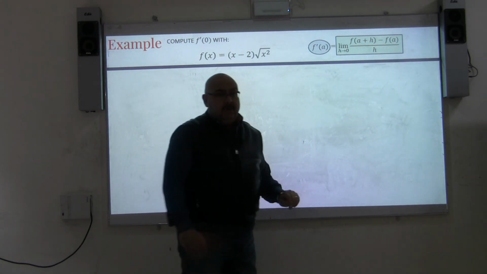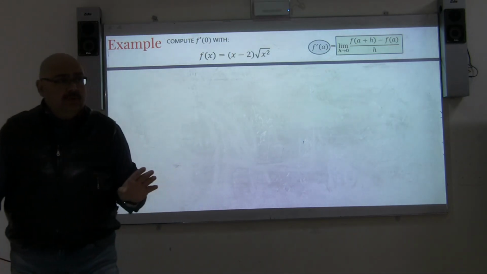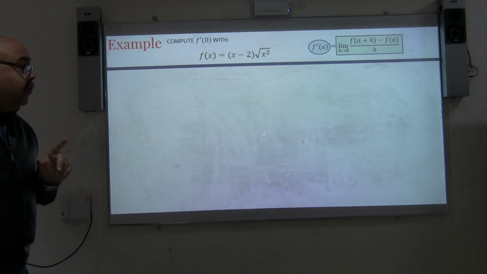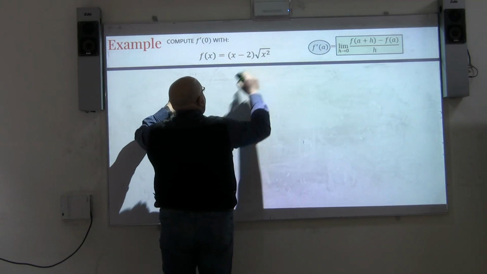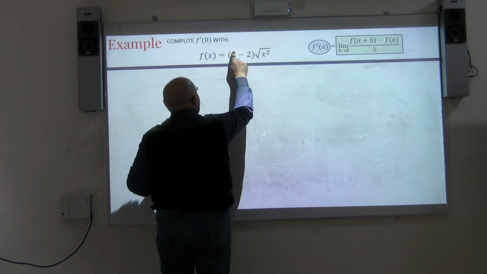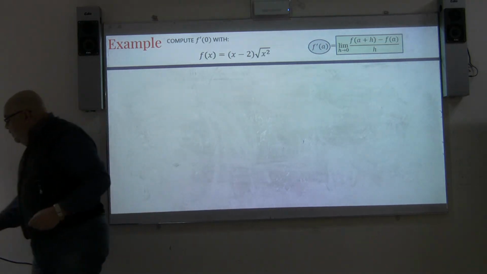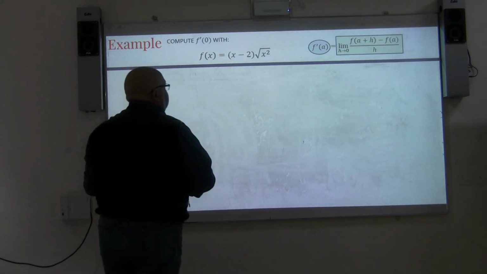That's the limit that we are going to use. So all I have to do is make this substitution. But don't forget, f of x at this time is this function, so I will replace x by 0 plus h, and I will replace x squared by (0 plus h) squared.